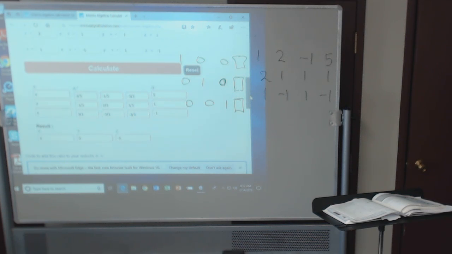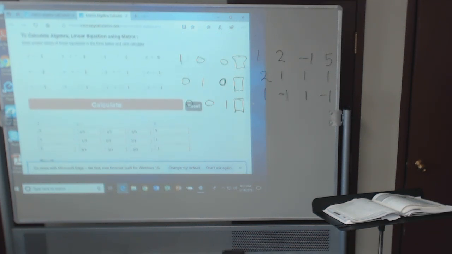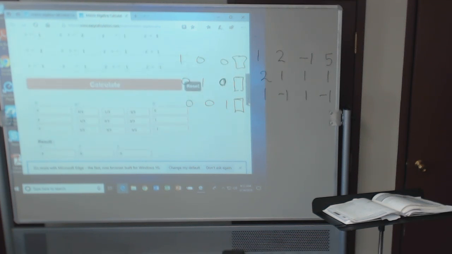Was that what it had before? 2, 0, negative 3? I don't know. You're not going to tell me. Okay, so then I'll go back and make this negative and try to remember this time. And then say calculate. What's it say? 2, 0, negative 3.